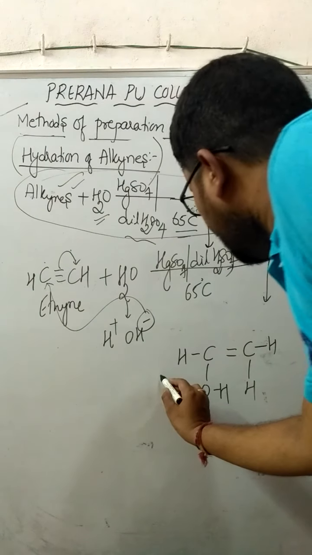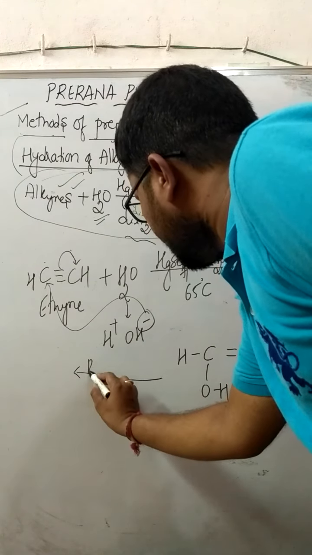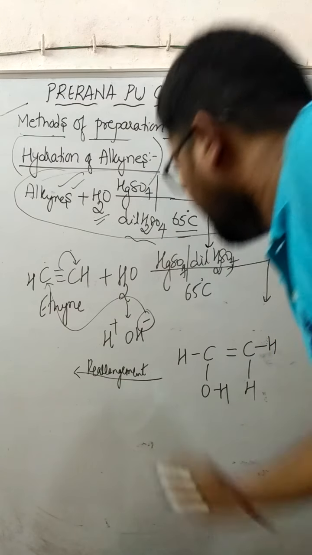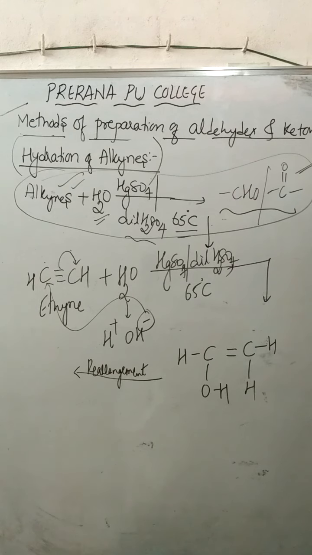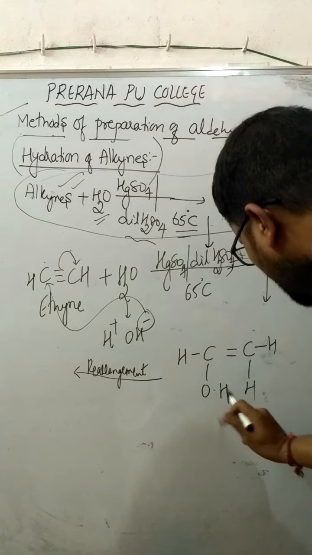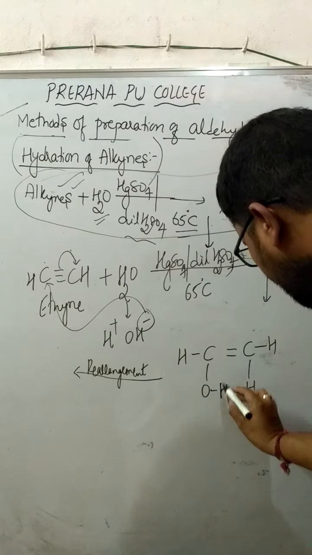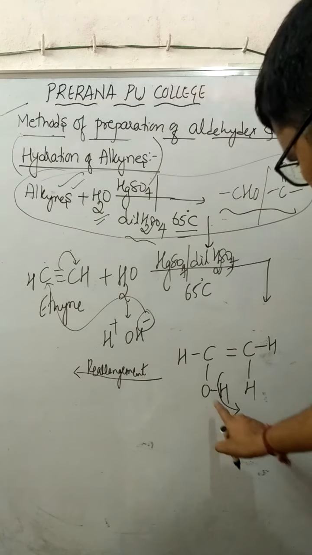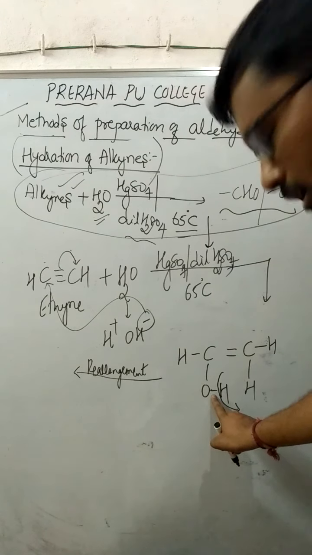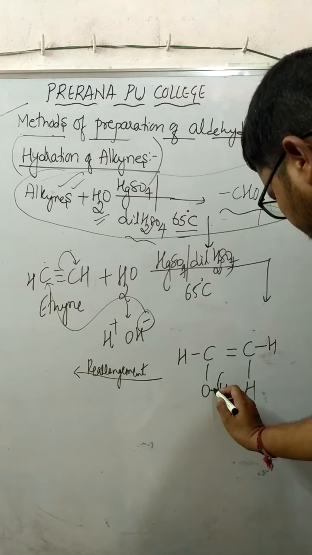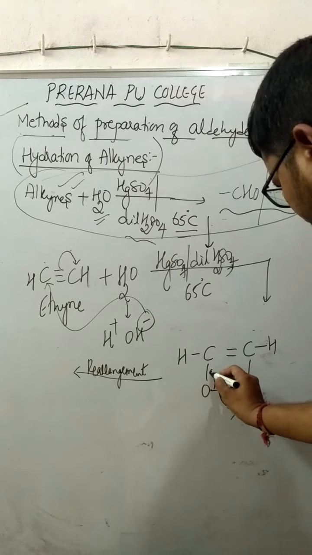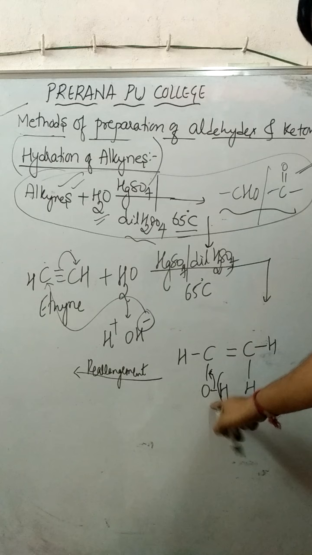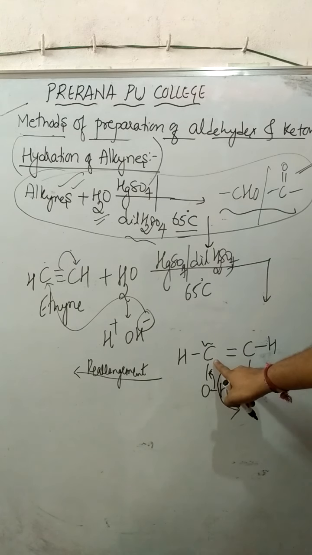This intermediate which is obtained undergoes a rearrangement reaction. Let us discuss how the rearrangement takes place. This hydrogen gets eliminated as a proton, so that there exists a negative charge on oxygen. This negative charge shifts between carbon and oxygen, where carbon and oxygen will get a double bond, such that this carbon will become pentavalent.